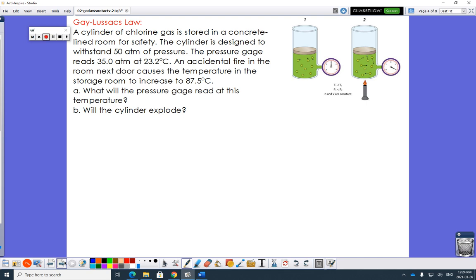So this 50 here, that's like the boundary or the limit. Okay? So will the cylinder explode? If it's less than 50, that's okay. That it's designed to withstand that. If it's over 50, then bad things will happen.